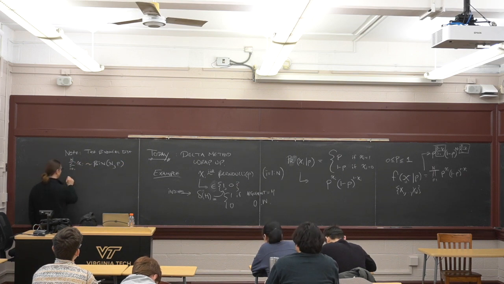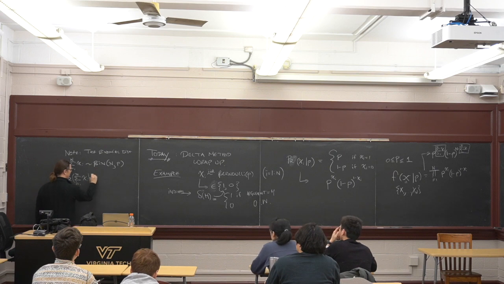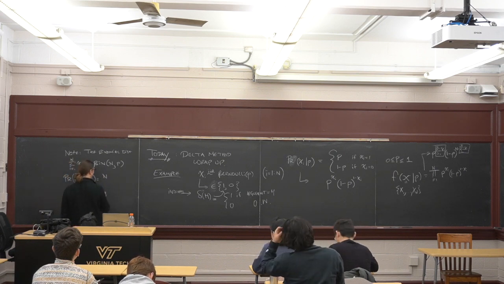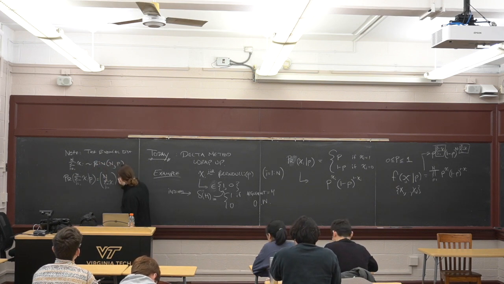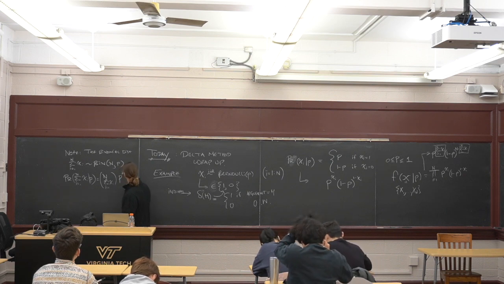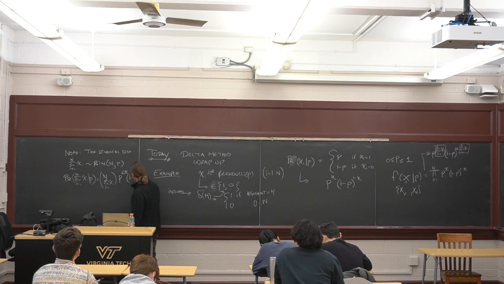And so what does this look like? Probability of the sum of the xi's, i goes from 1 to n, given p. This is n choose the sum of the xi's, times p to the sum of the xi's, times 1 minus p to the n minus the sum of the xi's.